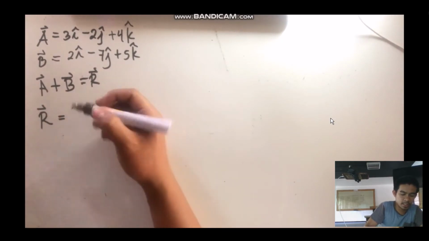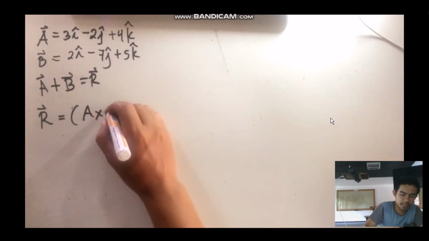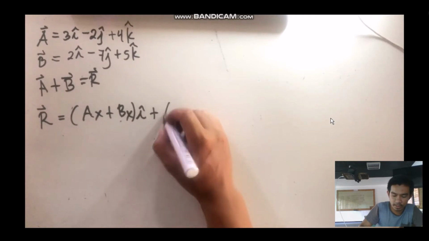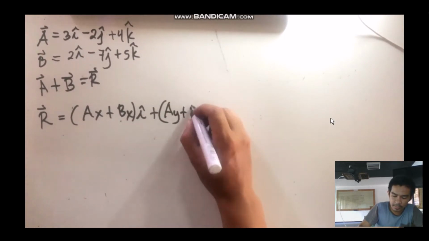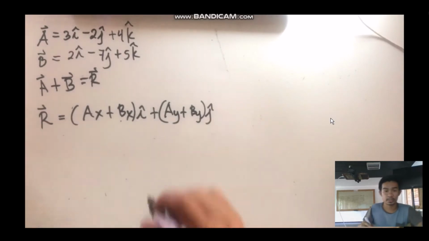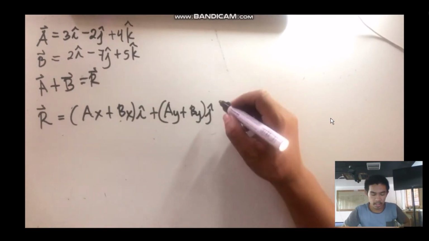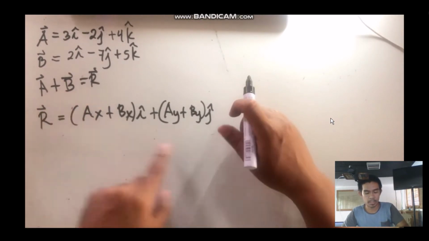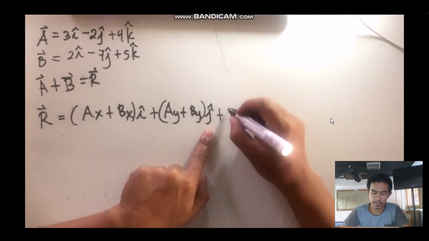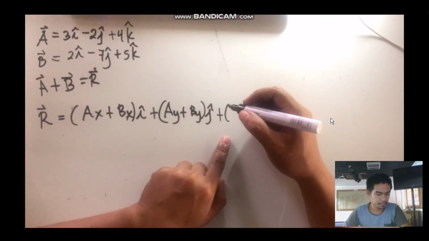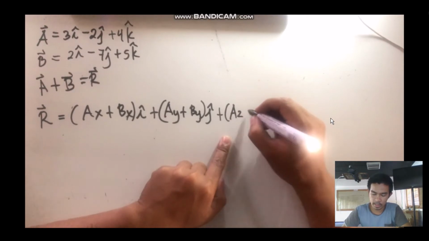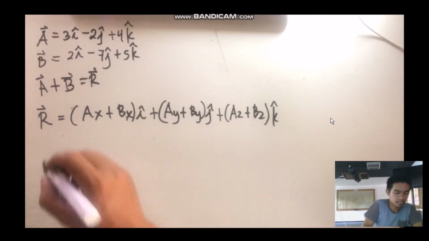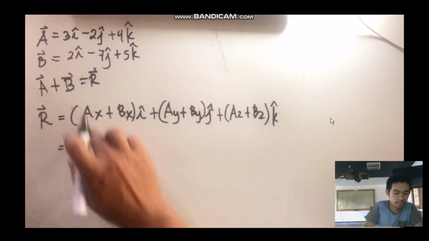That will be equal to a of x plus b of x i hat plus a of y plus b of y j hat, since this is a sum, plus a of z plus b of z k hat. So what is a of x? 3.